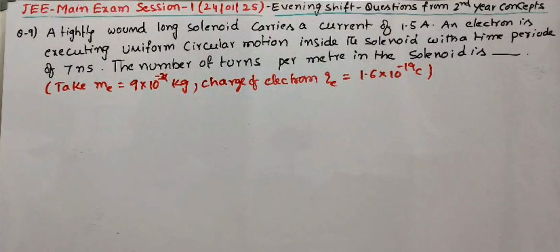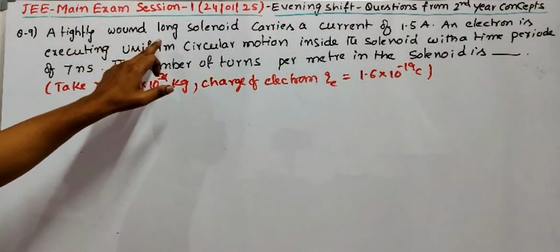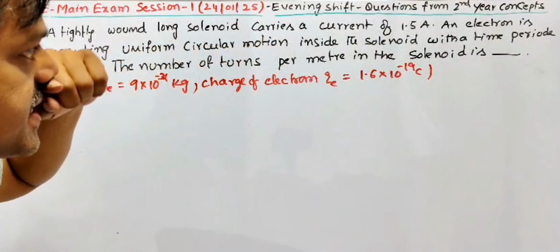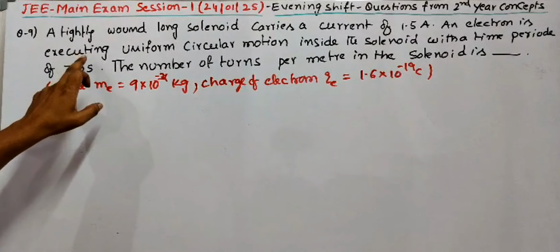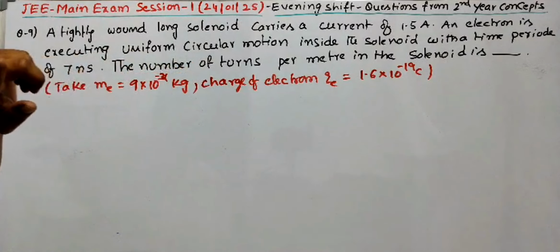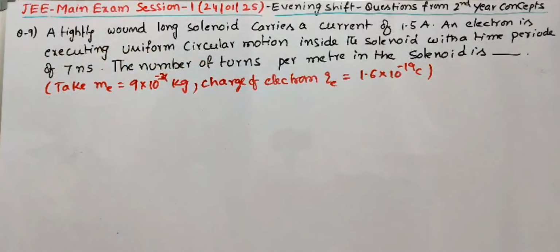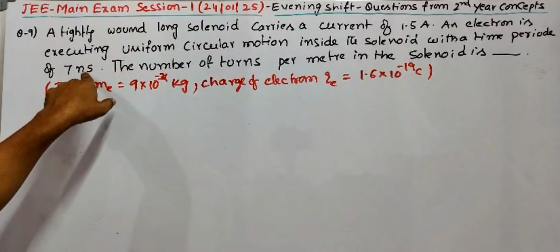Okay, the ninth question. A tightly wound long solenoid carries a current of 1.5 ampere. An electron is executing uniform circular motion inside the solenoid with a time period of 7 nanoseconds.